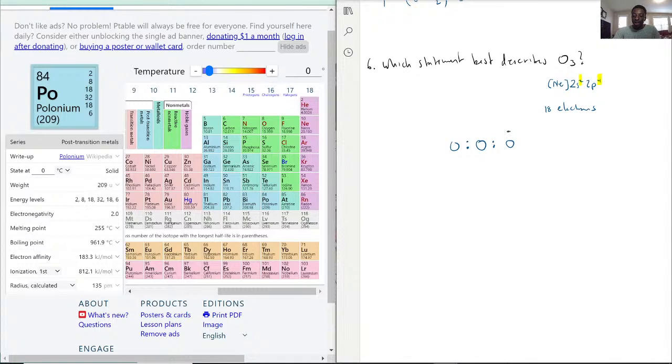So it's going to have 2, 3, 4, 5, 6, and the other oxygen, the same thing, 2, 3, 4, 5, 6, and then the oxygen in the middle is sharing right now 2 of its 6, so 3, 4, 5, 6. So the oxygen in the middle is completely satisfied, but this setup doesn't work because the oxygen on the outside have these radical lonely electrons.